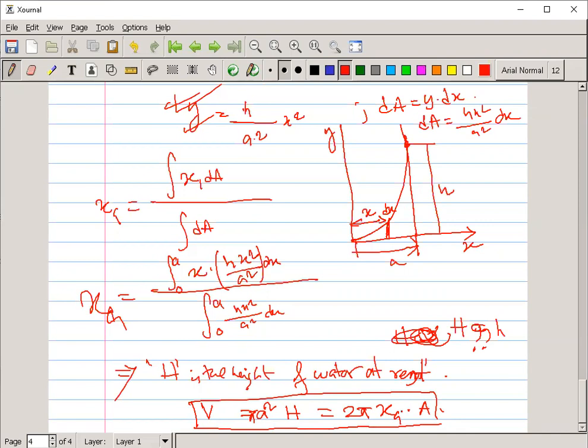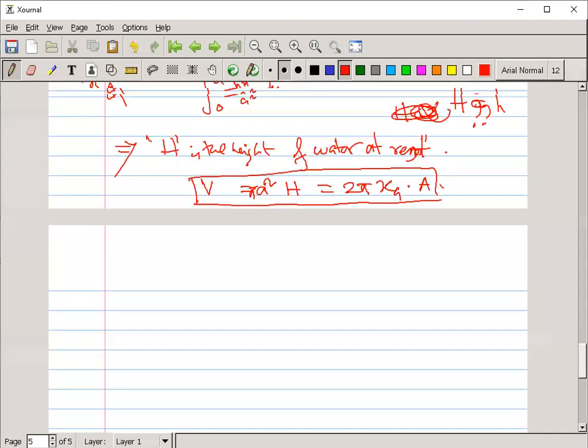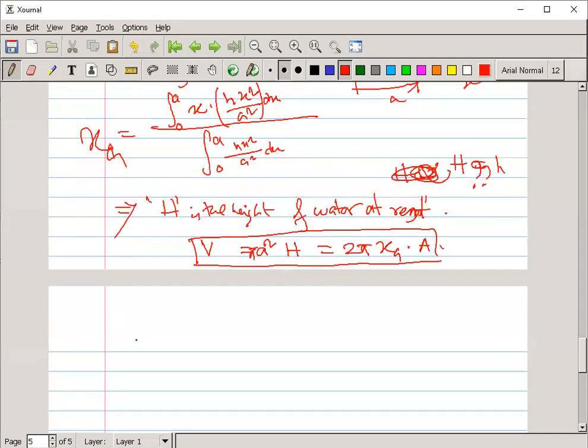And in case of applying the centroid, we have to do 2 pi xg into the area. See, pi a square into H is 2 pi xg.